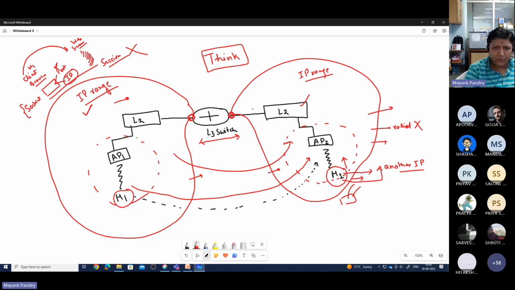Or you just do a small change in the routing table here and install a static route, so that for this destination, you forward the packet from this interface. M1 has moved. M1 has this IP address, which means all the data which comes to M1 will be forwarded to this interface.